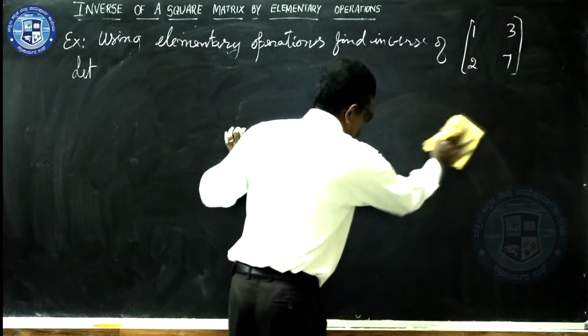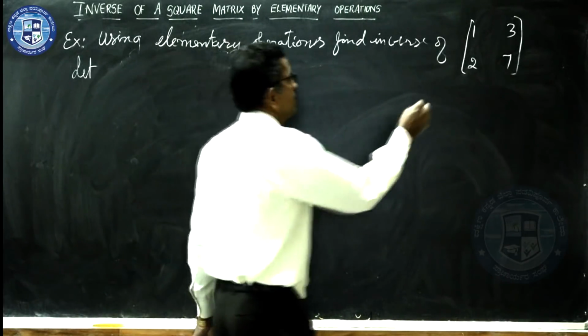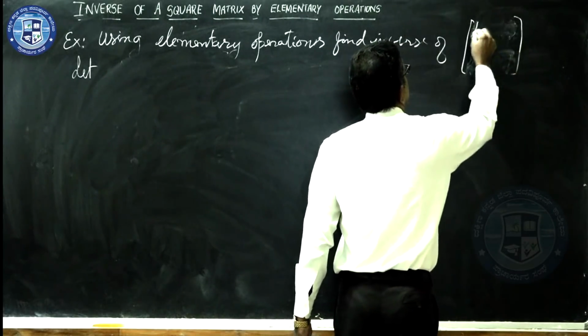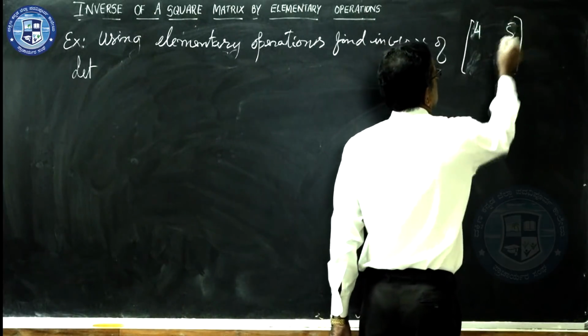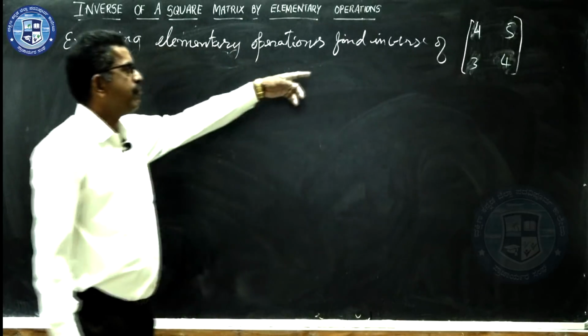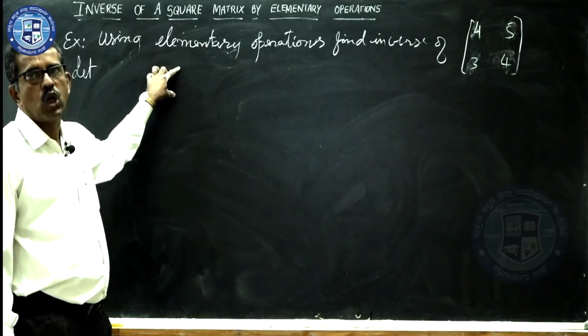Now the example is like this. First I will take 4, next element 5, then 3, 4. We apply elementary column operation.